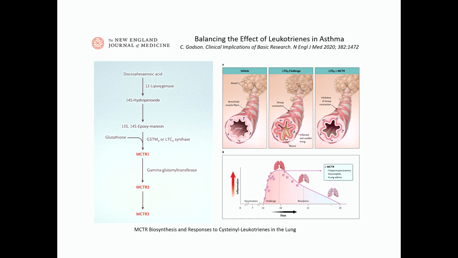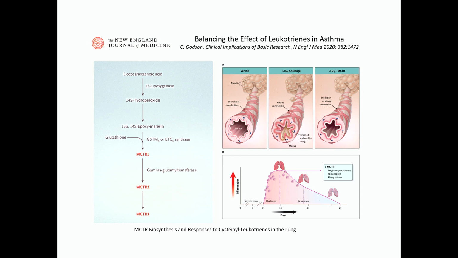It turns out that this molecule, another glutathione S-transferase, mu type 4, is more efficient with the DHA-derived biosynthetic precursor than LTC4 synthase, but both enzymes can do it, generating MCTR1, maresin conjugate in tissue regeneration 1.